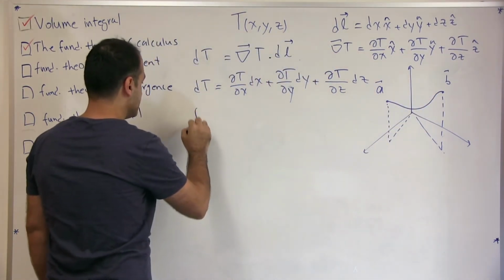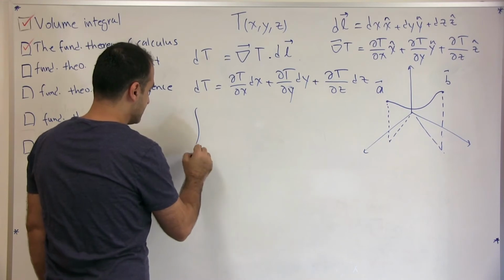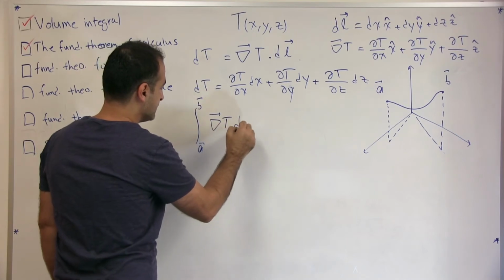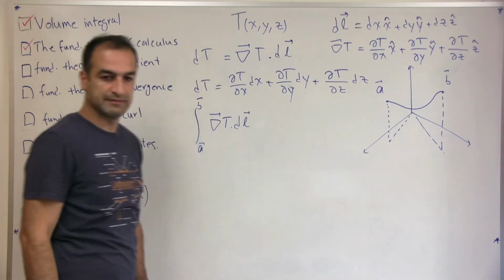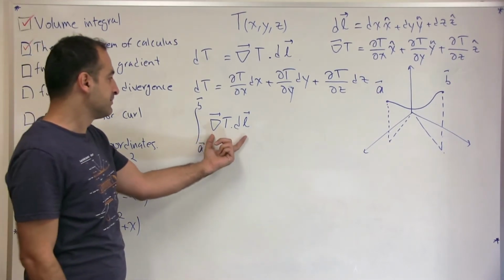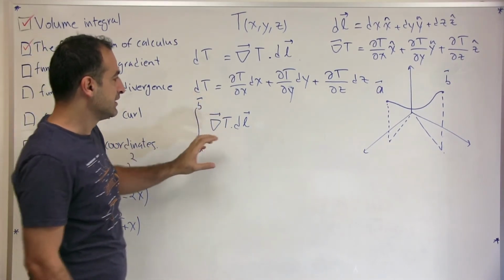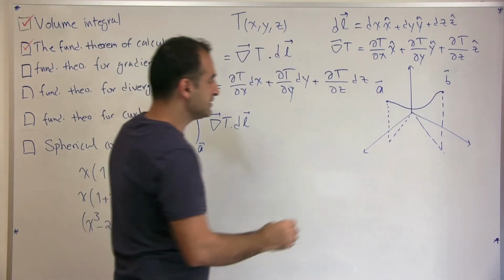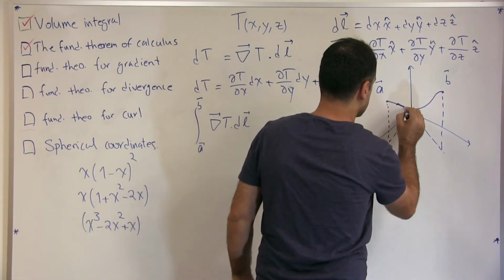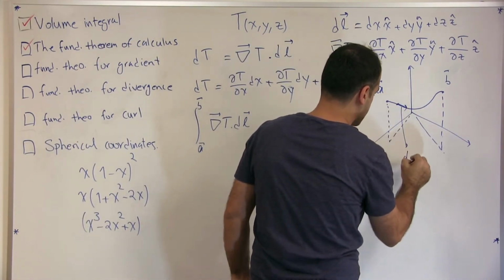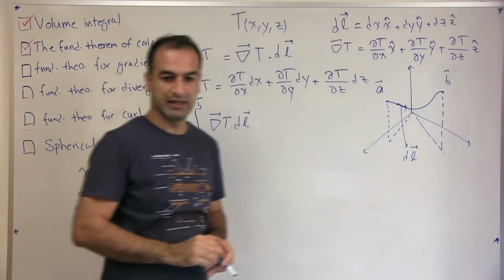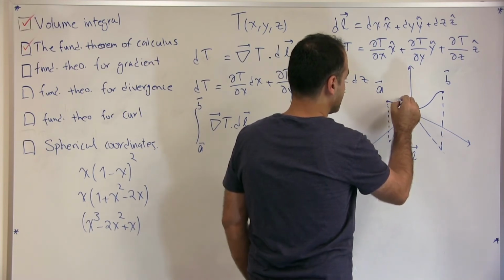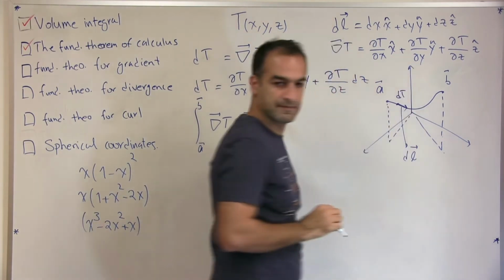The way I want to write that is the integral from A to B of the gradient of T dot dl. So I'm integrating the gradient of T from A all the way to B, and at each smallest step, the change in the value of T from this point to this point is dT.